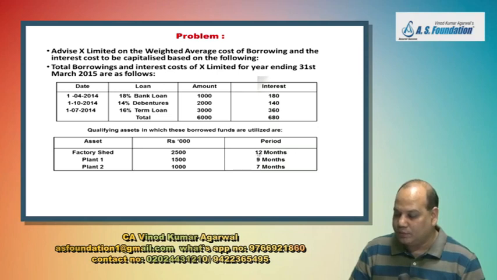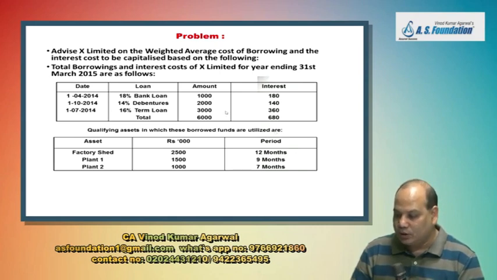And this is the period for which this construction, acquisition, production activity were in progress for the year: 12 months, 9 months and 7 months. So while calculating the borrowing cost, you will multiply the expenditure incurred into the time period divided by 12 months and into the weighted average borrowing rate that you will calculate.